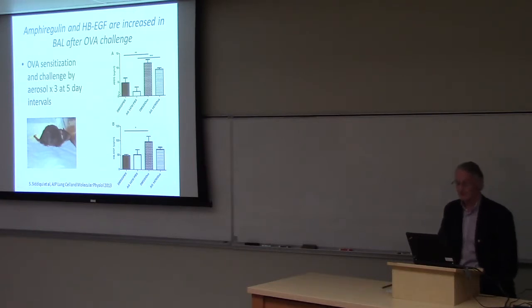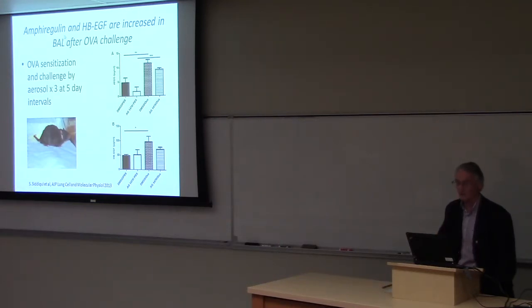Now, so how might the muscle grow? We've been interested in growth factors that might promote that, and for a variety of reasons we came upon the epidermal growth factor receptor, which is of course a major receptor involved in tissue growth, tissue development, and so on.